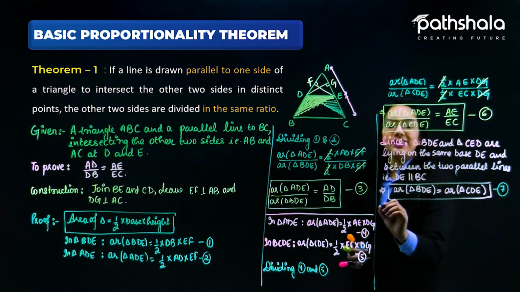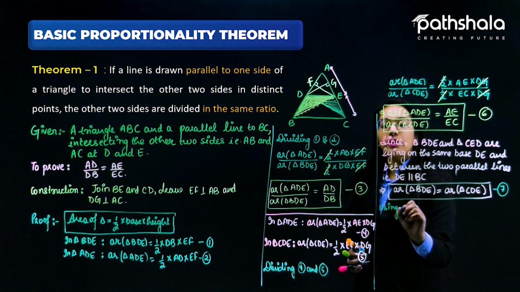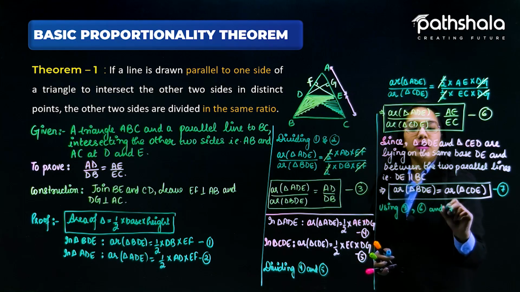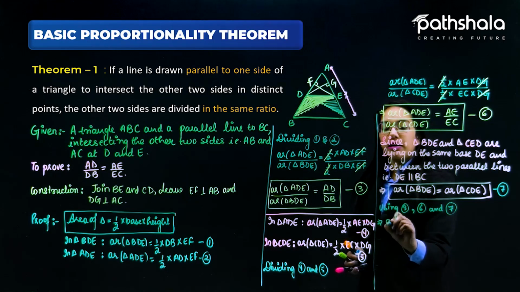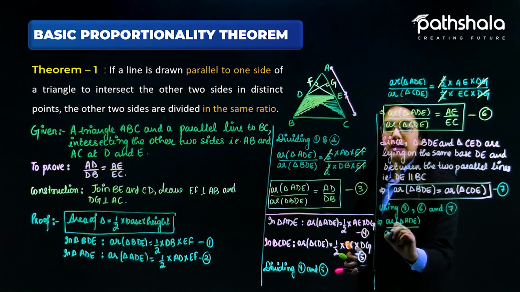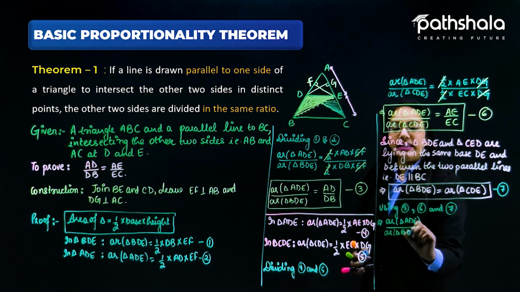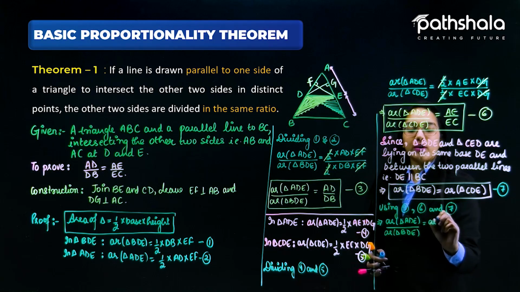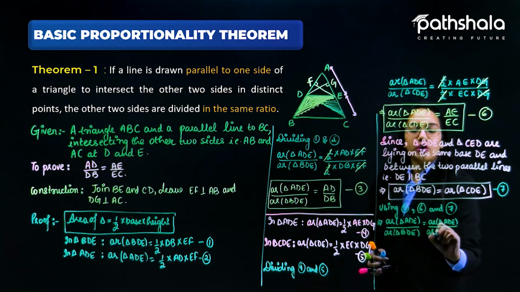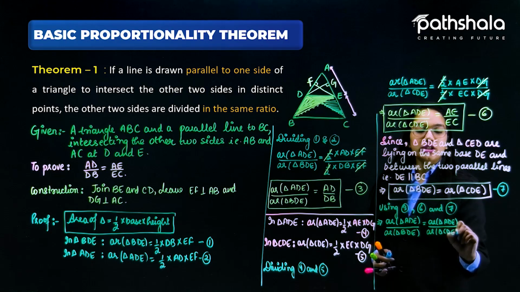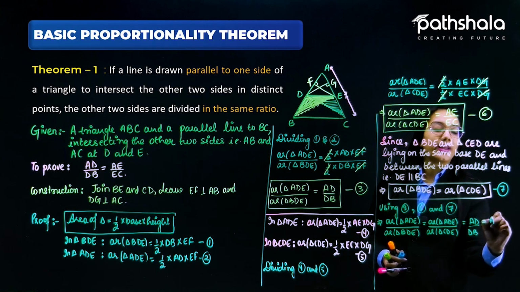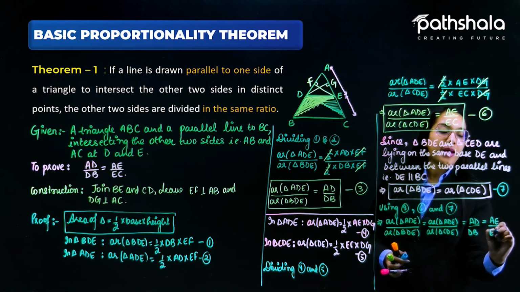Now let us take this as the seventh equation. So using equations 3, 6 and 7, we can say that area of the triangle ADE by the area of the triangle BDE is the same as the area of the triangle ADE by the area of the triangle CDE, which is equal to AD by DB, which is equal to AE by EC.